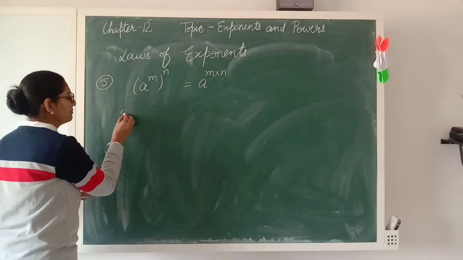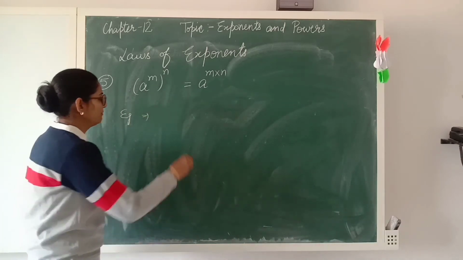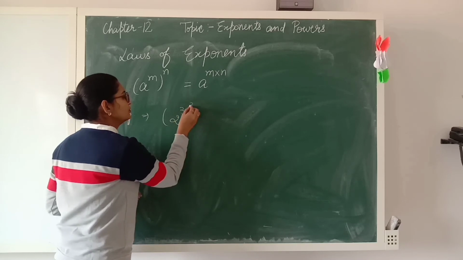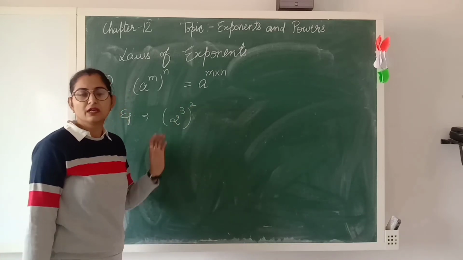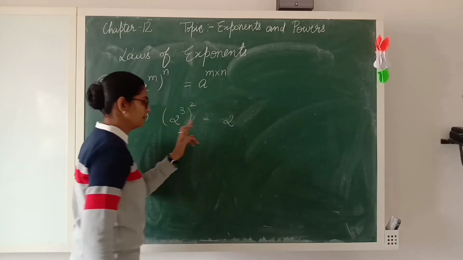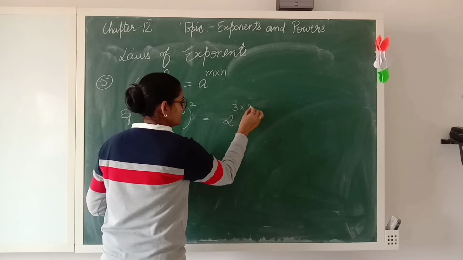By taking an example, we have to solve this. If we have 2 raised to the power 3 and whole power 2, then how can we solve this? We have to just write down the base as it is and multiply the powers.